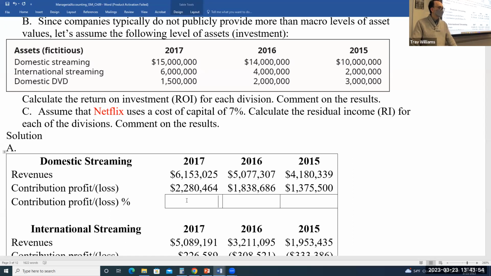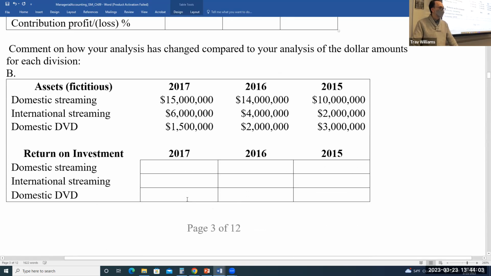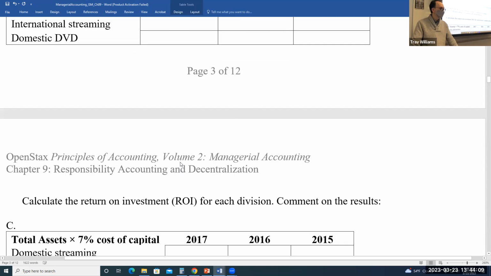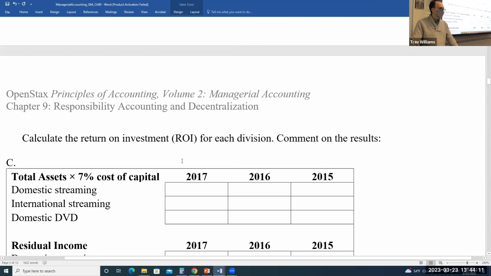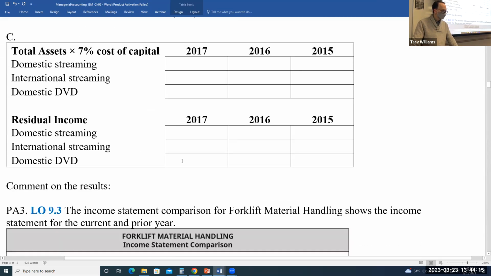So we'll do that for all 3 years and all 3 divisions, and then we'll analyze the data. Then we're going to do ROI, again, all 3 years, all 3 divisions. And then we're going to do residual income for all 3 years and all 3 divisions, okay?